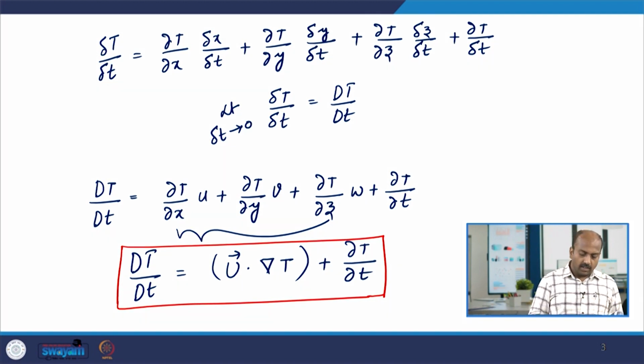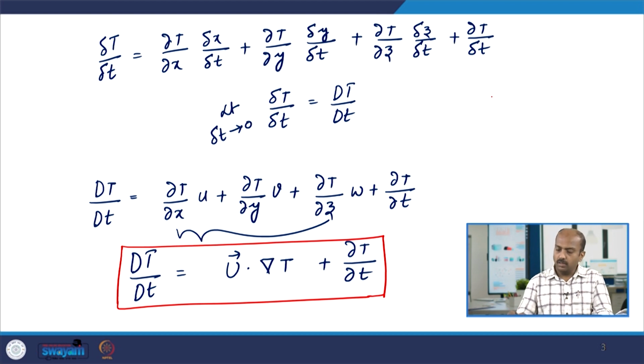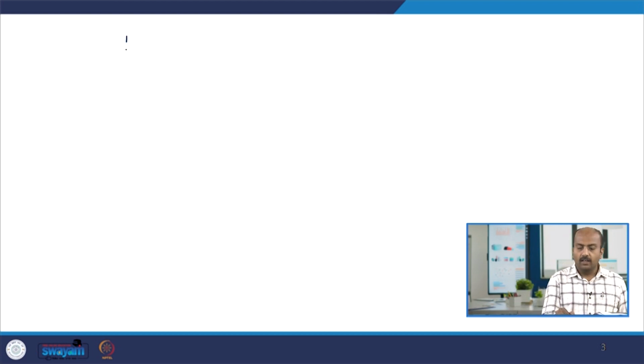So, what is one very important aspect about total derivative? It tries to give you change while following the motion, right. Now, when we have written the momentum equation, let me write it again for the sake of clarity.